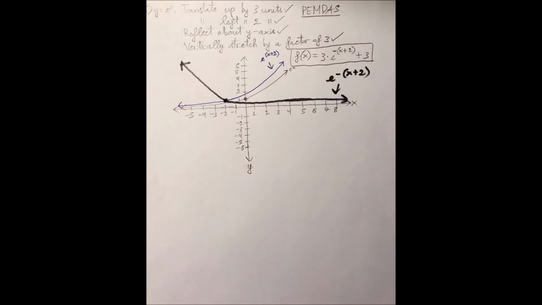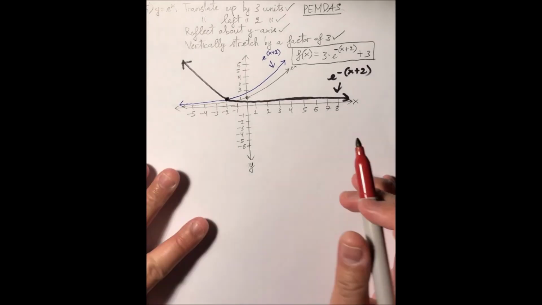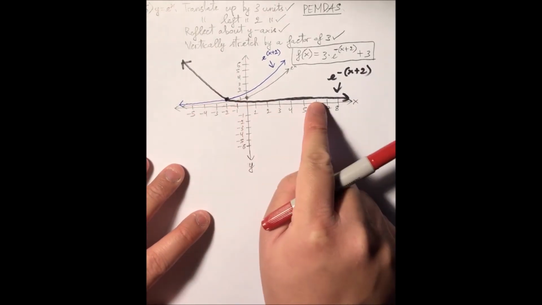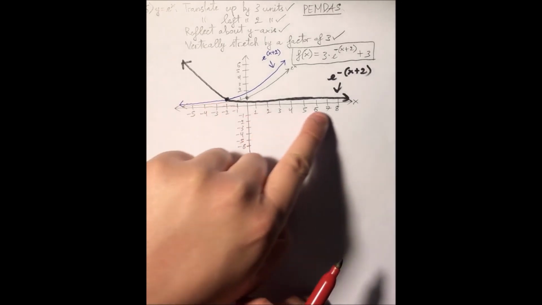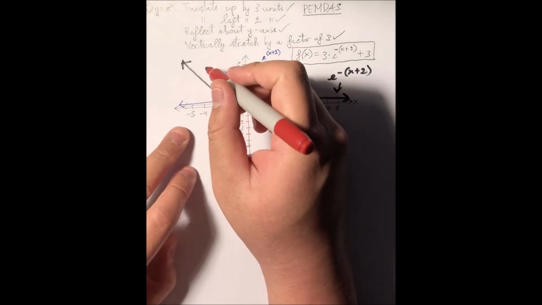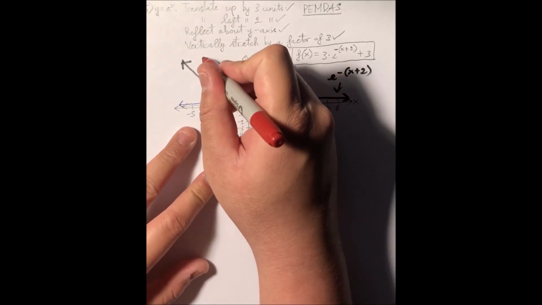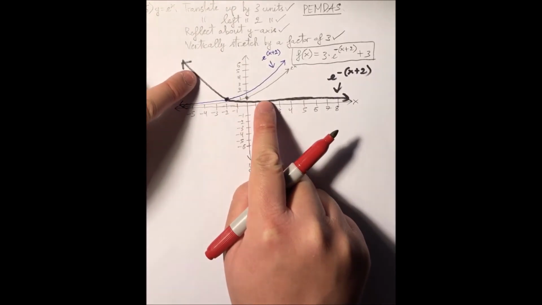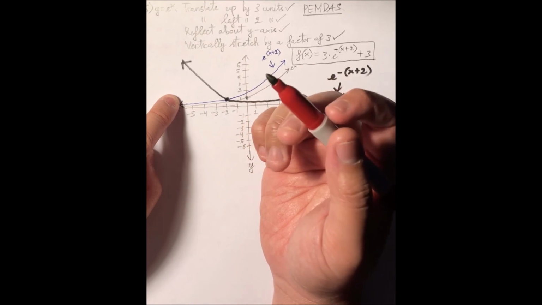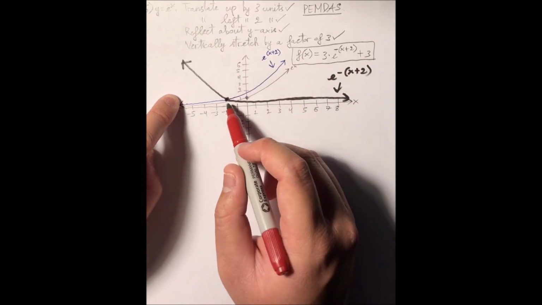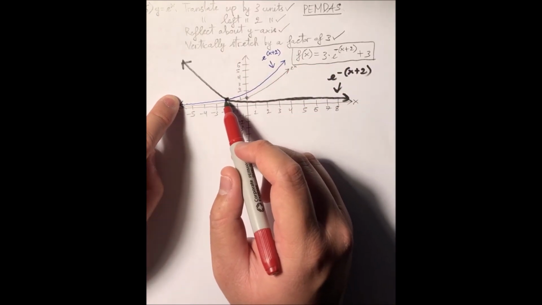The next transformation that we have to graph is the vertical stretch by a factor of 3. Well, we take the most recent graph in the black and we just vertically stretch it out. So it's going to look taller than the one in the black. And it's probably going to look something like this. So if we take this and we stretch it, then the graph in the red is probably not going to pass through this same point.